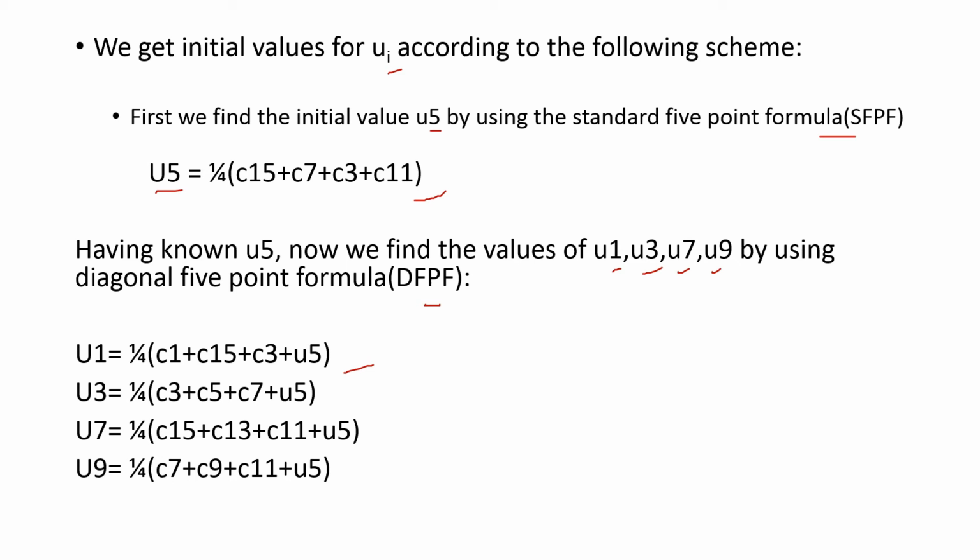U3 is equal to 1 by 4 into C3 plus C5 plus C7 plus U5. U7 is equal to 1 by 4 into C15 plus C13 plus C11 plus U5. U9 is equal to 1 by 4 into C7 plus C9 plus C11 plus U5.